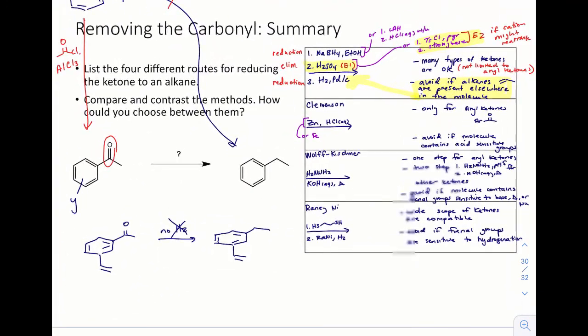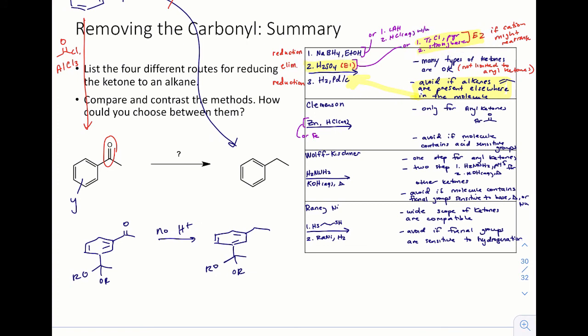Let's imagine that, say, instead of an alkene, the molecule contains an acetal. Okay, and you want that acetal intact, then you're not going to be able to reflux, boil, in HCl, right? So you're going to avoid Clemmensen. You might use this method that we just discussed. Well, you won't because there's acid in that as well, but you could use the E2 variant.